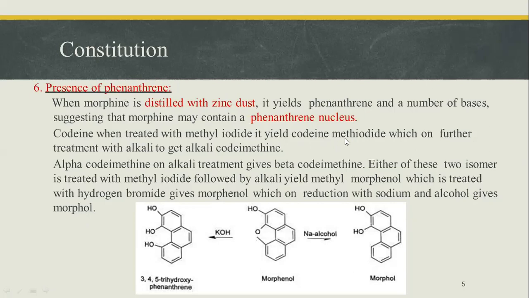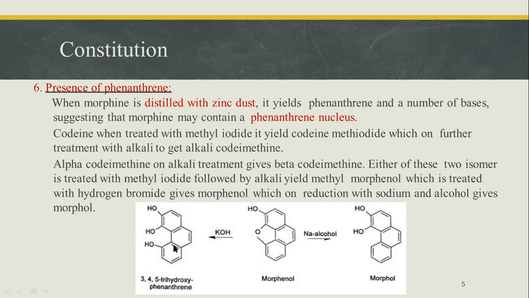We get codeine methiodide, which on treating with alkali gives codimethine. This codimethine on further reactions gives methyl morphinol, and this methyl morphinol finally gives methyl morphol. This methyl morphol on further reduction gives morphol. Morphol contains the phenanthrene nucleus, which confirms the presence of the phenanthrene nucleus in morphine.